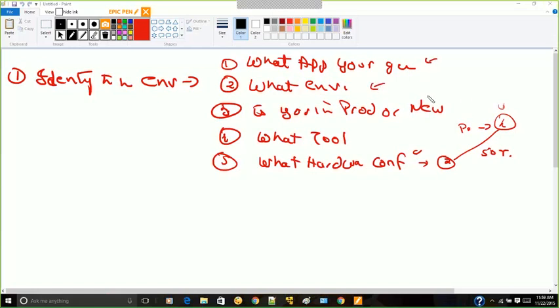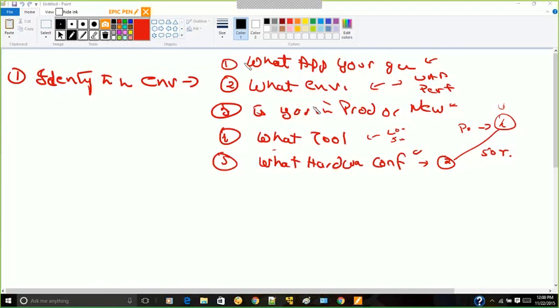It might be a UAT environment, or a performance environment. Is your application in production, or is it a new application? What tool you're going to work with: is it LoadRunner, JMeter? What is the hardware configuration, and is it a scaled down version of your hardware in the test environment? These are the questions that you will ask when you are working with the first process.